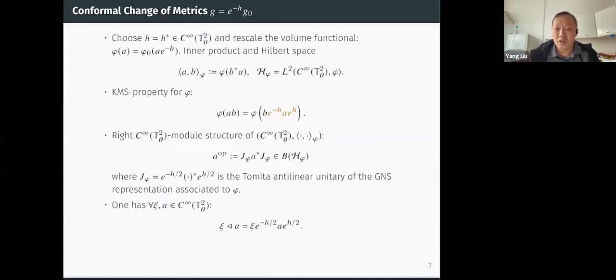If you consider the right multiplication by functions, it is no longer a star representation, because the star operator is modified since we change the inner product. So the way to fix this issue is to bring in this Tomita antilinear unitary.